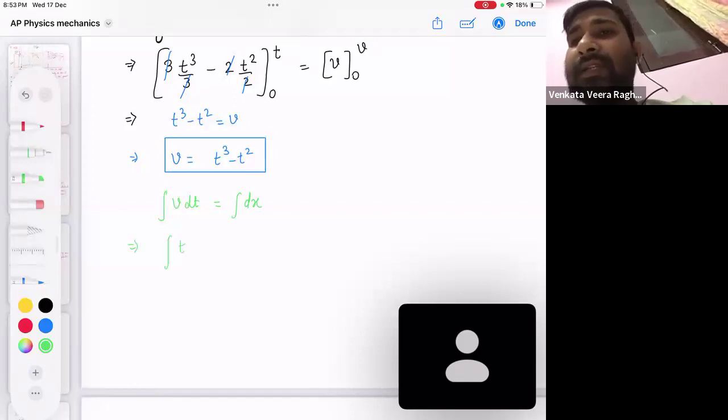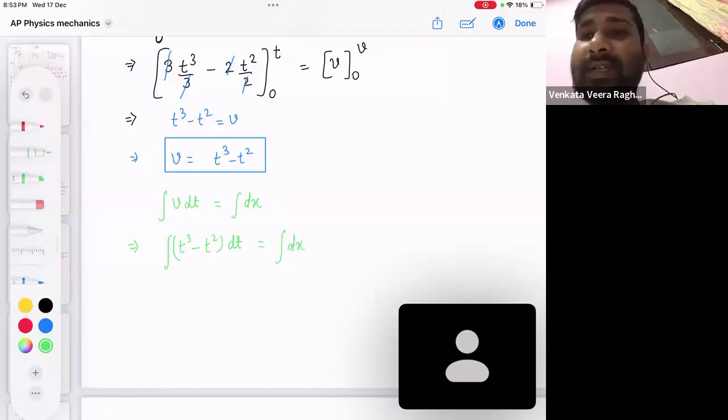So one more time we have to do the integration. So t cube minus t squared, integration with dt, other side dx. Now tell me, what will be the limit? t equal to 0, x is 0, t equal to t, x we have to calculate.